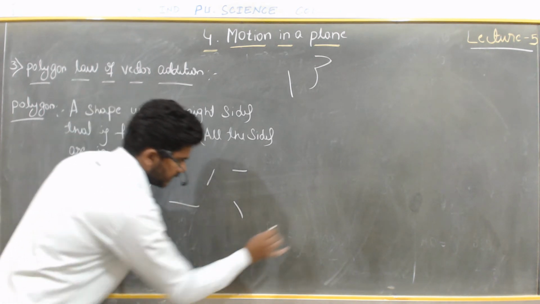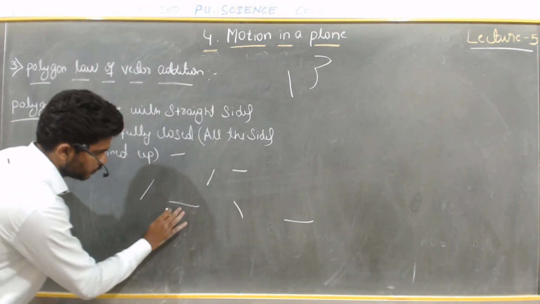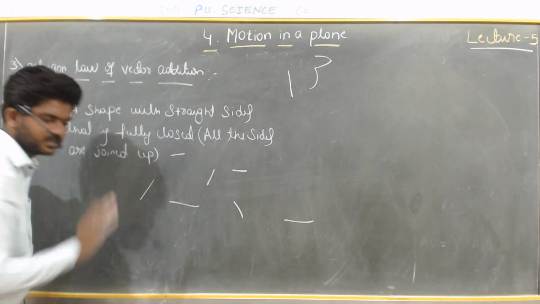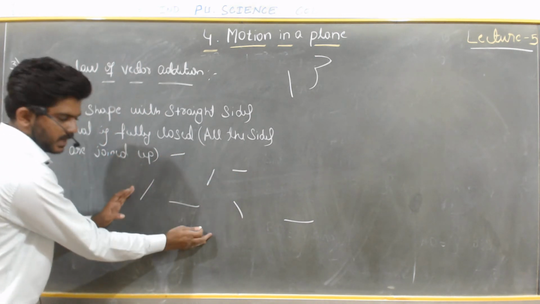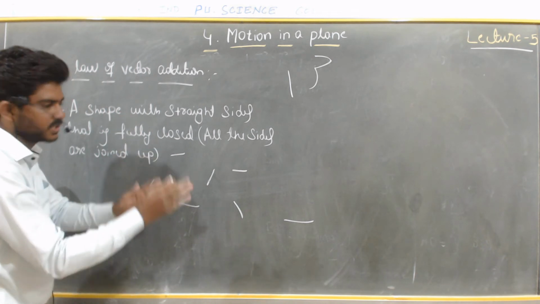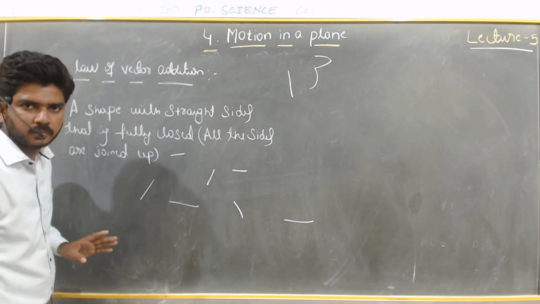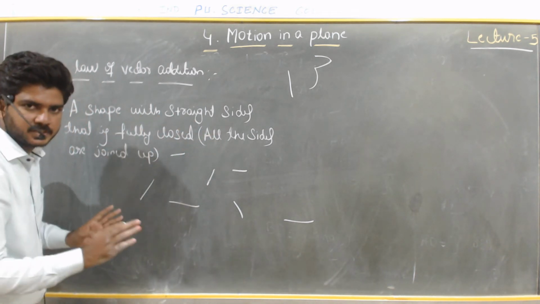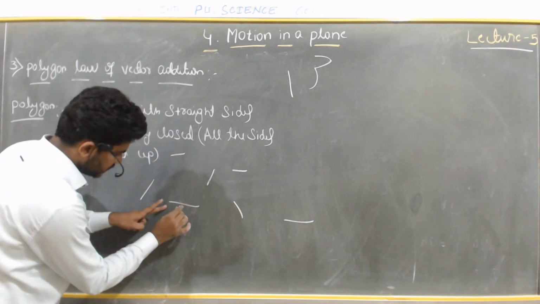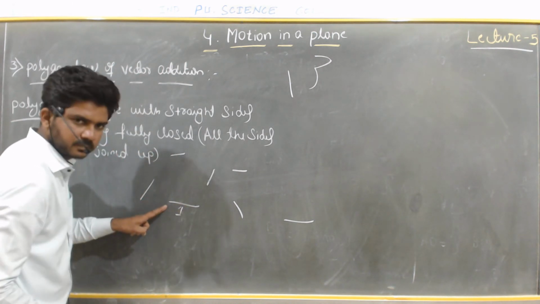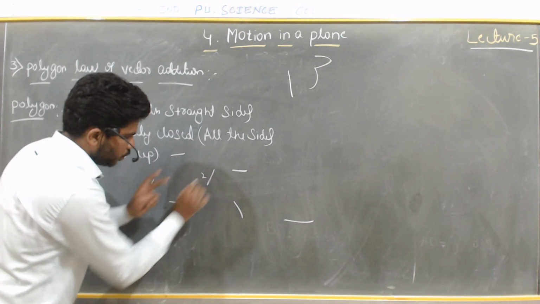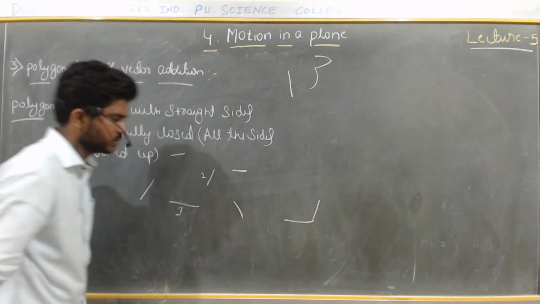So first I will take one side. How many sides are there? 1, 2, 3, 4, 5, 6 sides are there. By taking all the sides, we make one structure that should be a polygon. It means all the sides should be closed up. So one side I have taken, 1. Next I will take 2. This is also a straight line.